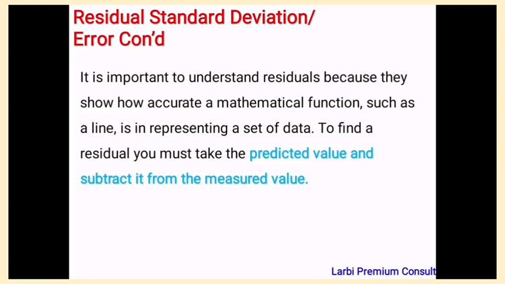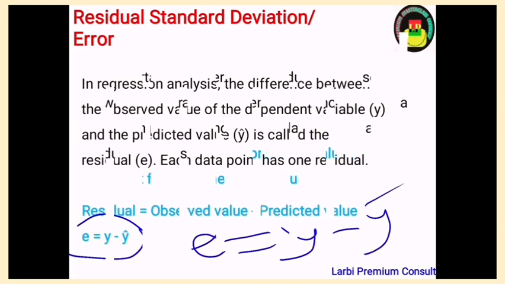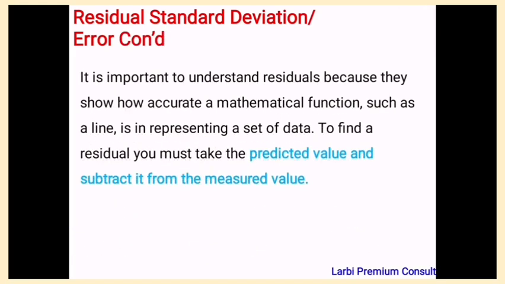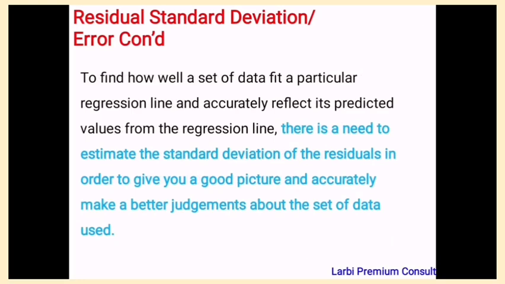Once you know the residual, you can tell whether this line reflects the data you're talking about, based on the standard deviation or the errors you computed. To find a residual, you take your observed value minus your predicted value. That is what you are trying to talk about.